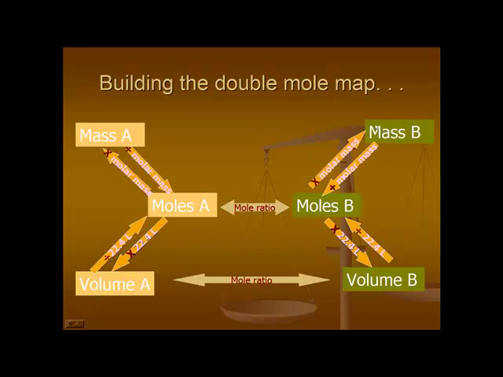I could go from mass to moles, moles to something else, go to a volume. An even easier shortcut, one other thing I can do, because it's 22.4 liters on both sides here, if I have the volume for one gas and the volume for another, I could just use that same mole ratio and go from liters to liters in one step also. So you've got a lot of different possibilities here.